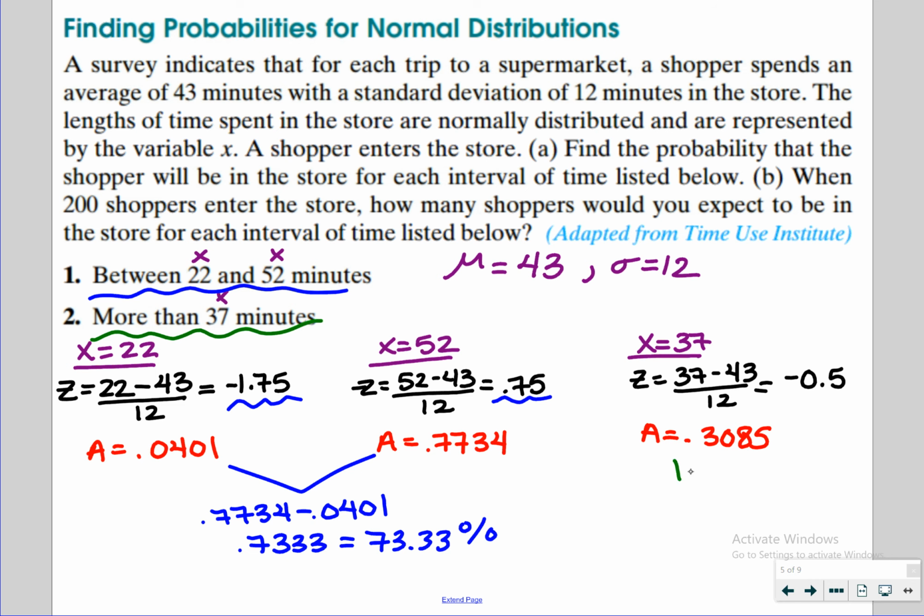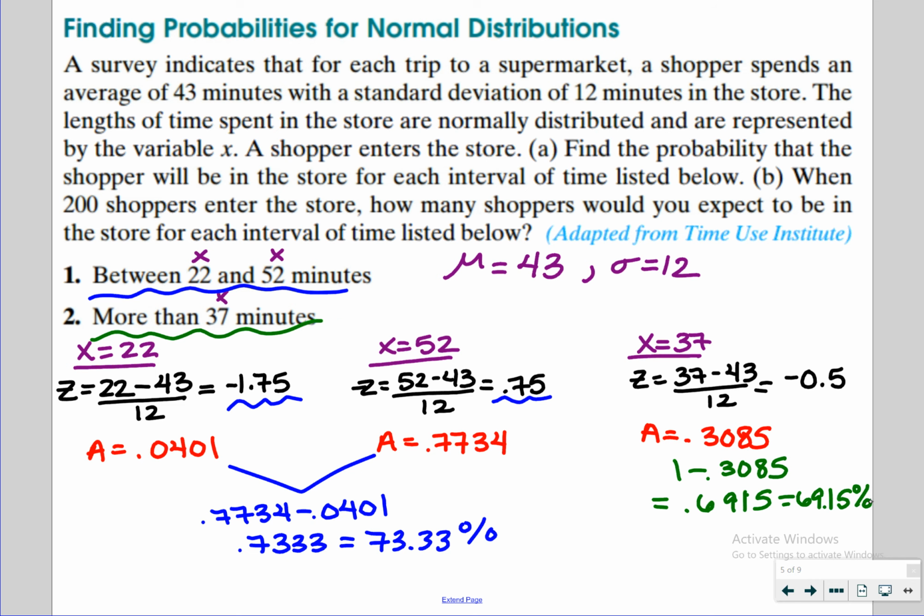Just 1 minus is all we have to do on this one. You have to do the complement. 1 minus 0.3085, I get 0.6915 is my answer there, or 69.15%. So the probability that a person's shopping trip that is selected would be longer than 37 minutes would be about a 69% chance.